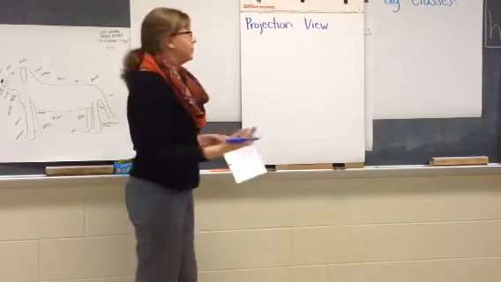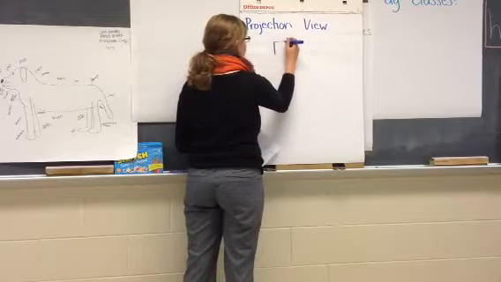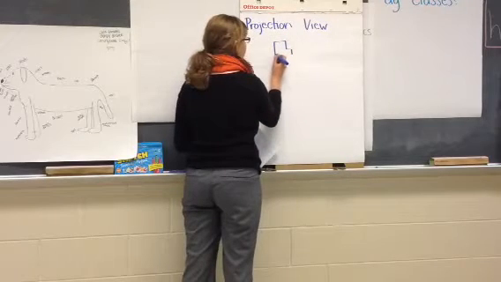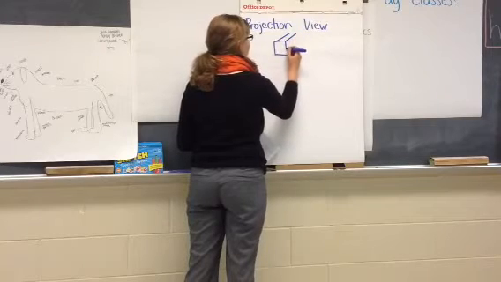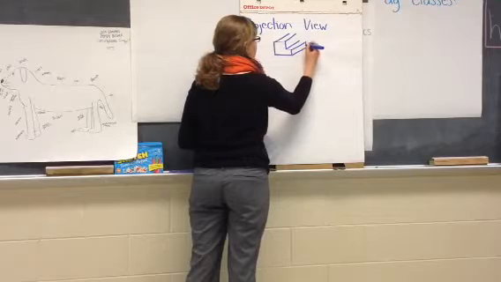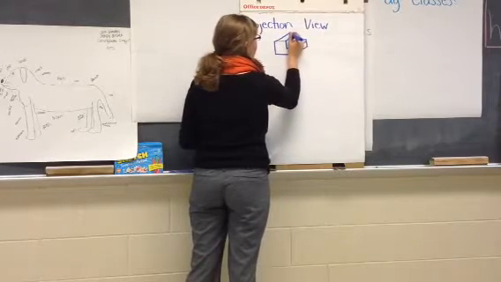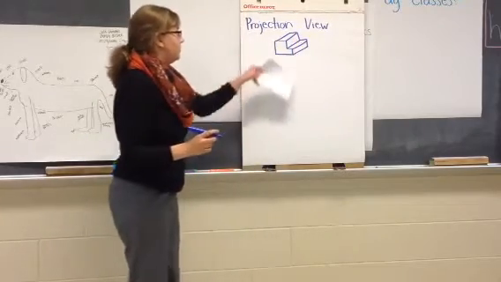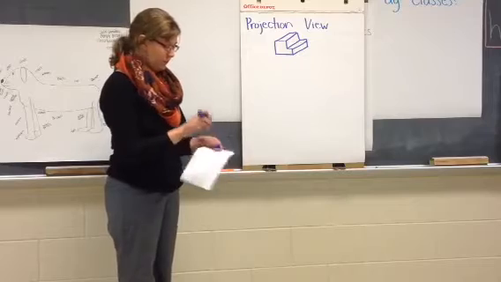As we draw that projection view for our stair step, we have the front of it that we can see, but we have that dimensionality to it, as if it is 3D, just like you might have done in art class. You have the dimension to it. So we have our stair step, and that's our projection view.